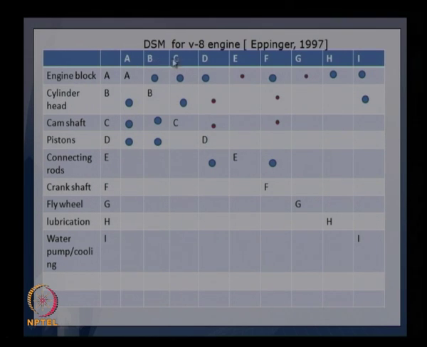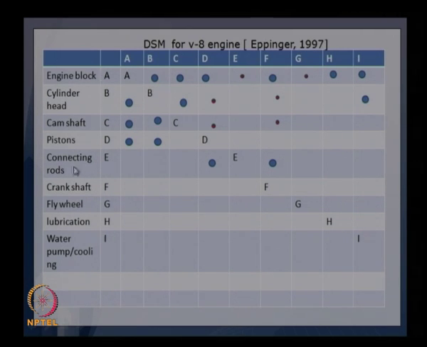Similarly, the output from the C team will be used by these blocks. Of course this is not complete, but just indicative of the interactions, and the interactions are represented by circles. Strong interaction or strong requirement of data is represented by a dark circle, and the other by a small circle.